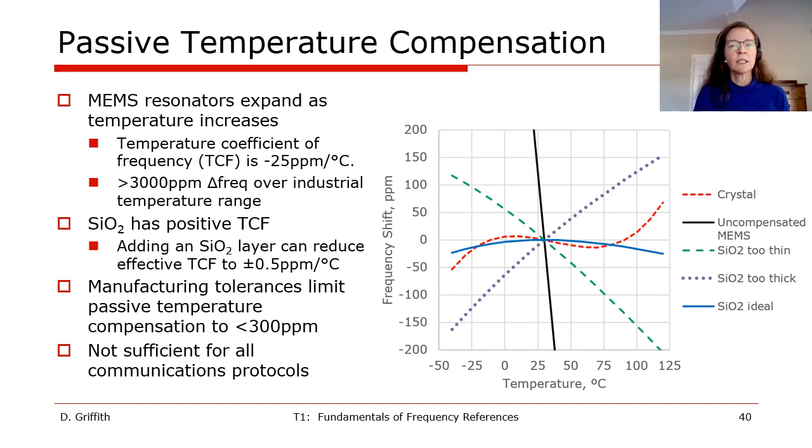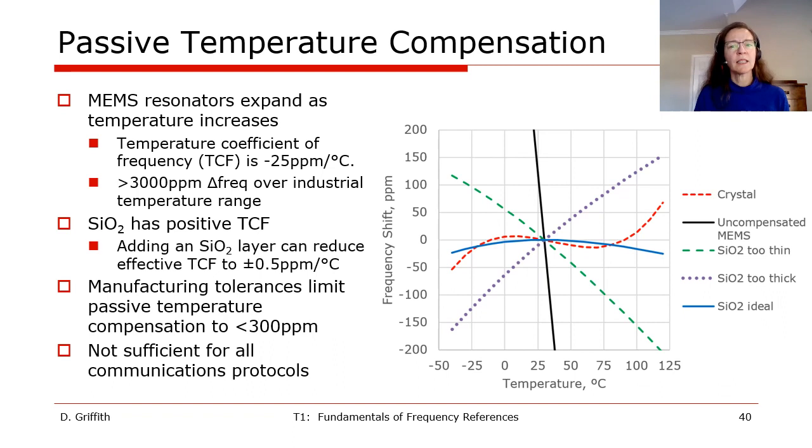However, silicon dioxide, on the other hand, has a positive temperature coefficient of frequency. If we add a silicon dioxide layer with a perfectly controlled thickness into a MEMS resonator, we can reduce the effective TCF to as low as 0.5 ppm per degree C, corresponding to the blue line on the graph.